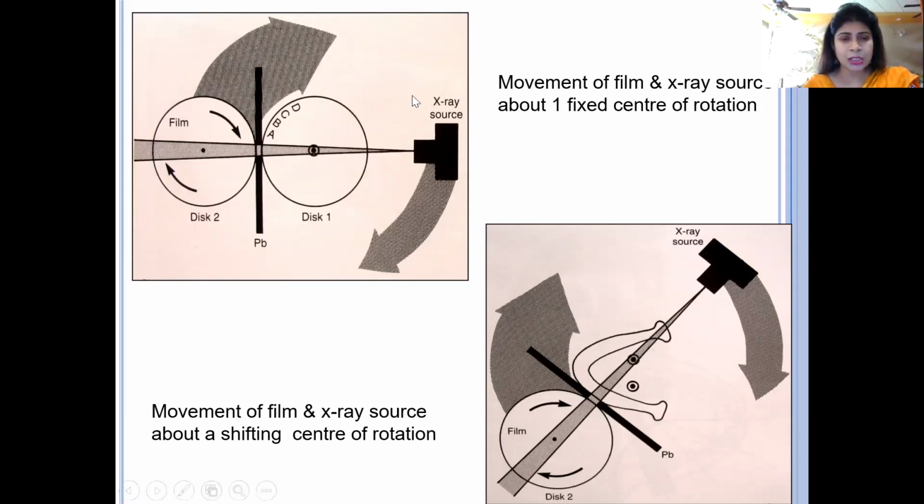So second, it was disc 1, which is the patient, and various centers of rotation, which are your A, B, C, D, that were kept still, stabilized, whereas the image receptor and the X-ray source were moved in opposite directions. As you can see with the arrow, they were moved in opposite directions, but the speed of movement was the same. You can now replace this disc 1 with the patient itself.